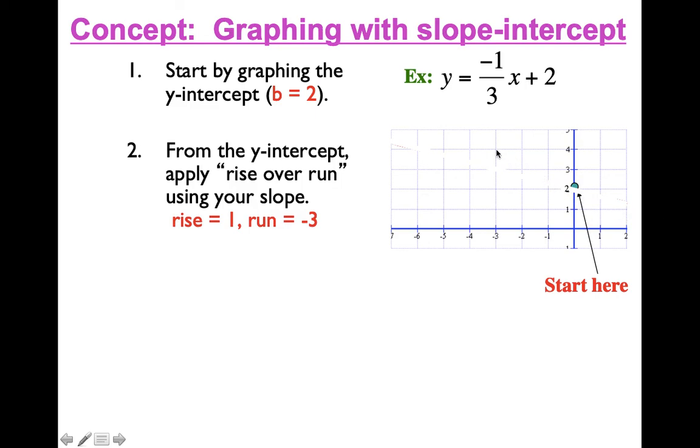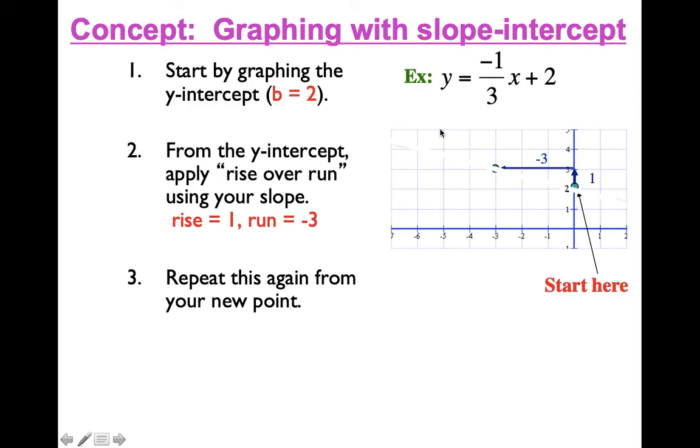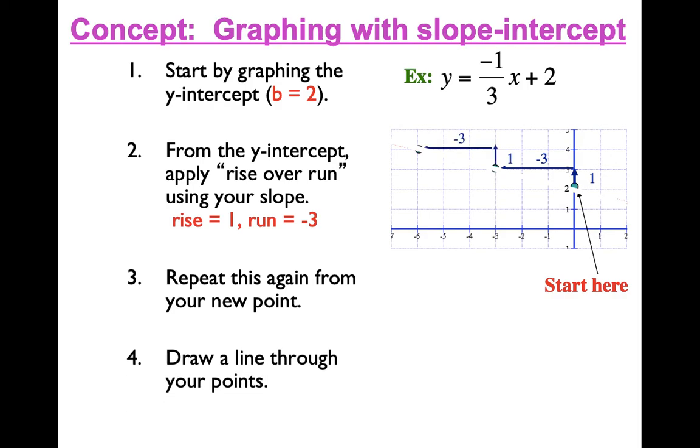So the line will go this way. We know this because either you go down 1 and then positively 3, or up 1 and negative 3. See the example here, it goes up 1 and then negatively 3. So repeat this until you get to the new point, and you can keep on going with these points, and there's your line.